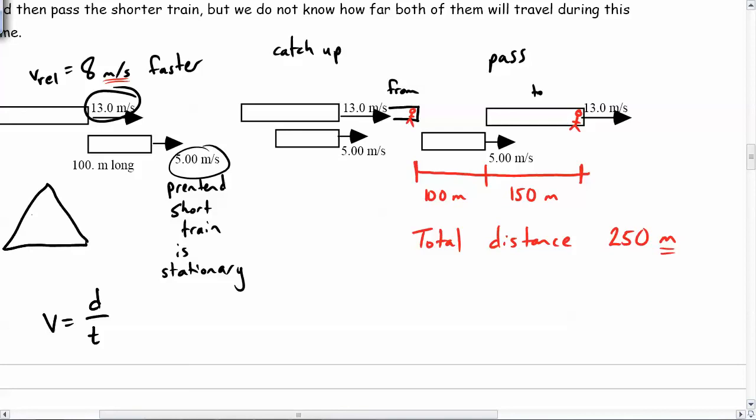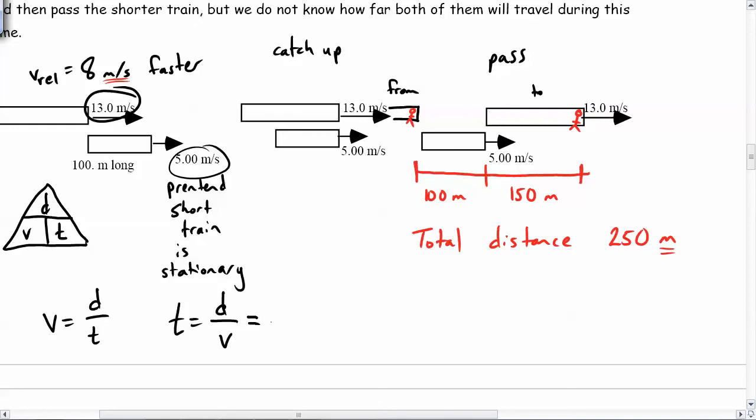Distance is on the top of the fraction, so distance will be on the top. V and t will be on the bottom. So if you want to find t, you just put your finger over t, cover it up, and d is on the top, v is on the bottom. That's a nice little triangle way to manipulate the equation.